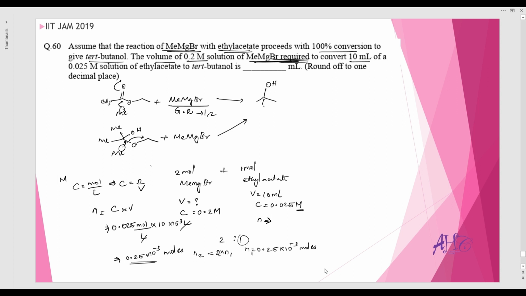Because of the ratio: for 1 mole of ethyl acetate we need 2 moles of methyl magnesium bromide.